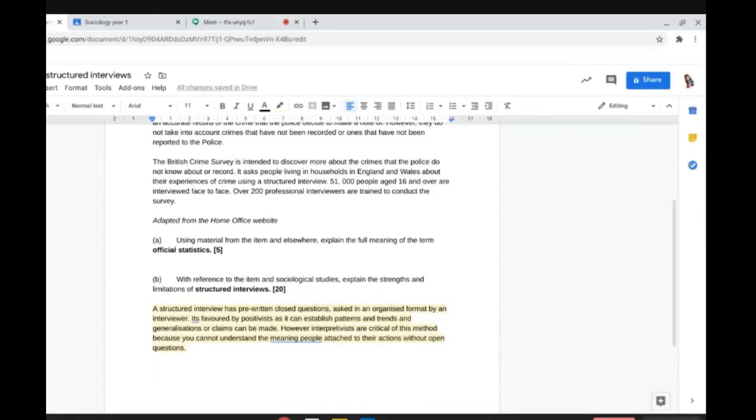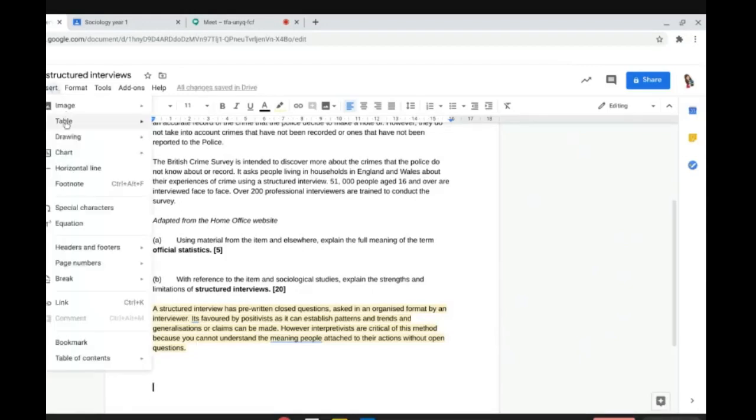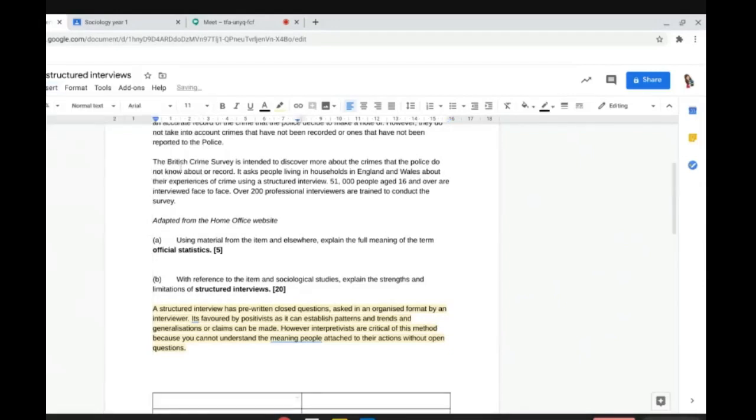The next paragraph is our practical. I find it easier just to have practical, ethical, reliability, validity, examples, rep. There we go, just to help make it a little bit clearer.